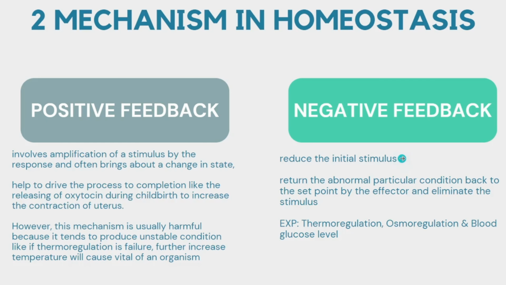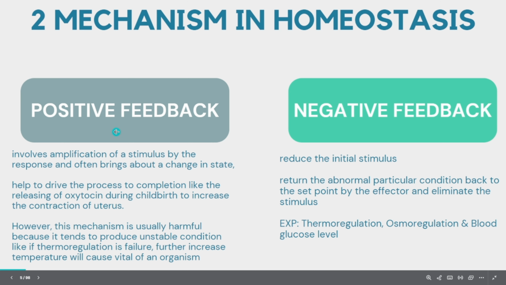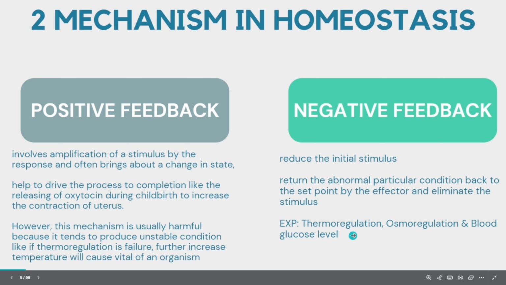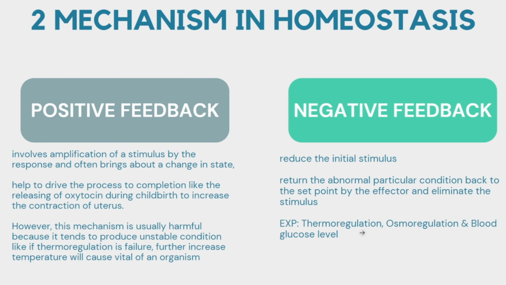There are 2 mechanisms in homeostasis: either positive feedback or negative feedback. Negative feedback is very common, more common compared to positive, including the breathing rate that you already learned. In this chapter, there are three main negative feedback mechanisms that you need to learn: thermoregulation, which is your body temperature regulation, osmoregulation, and also the blood glucose level.